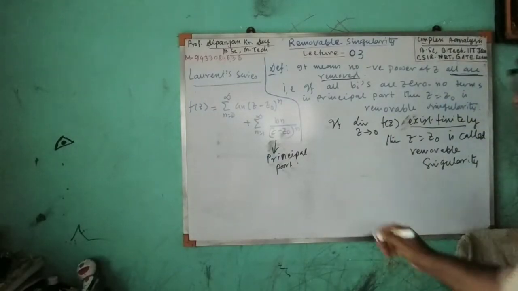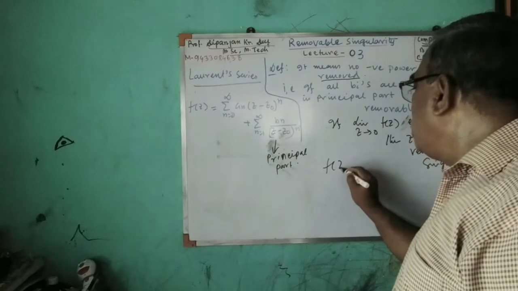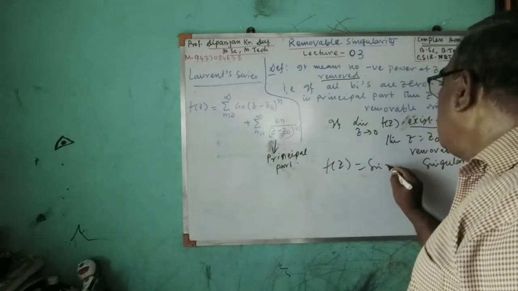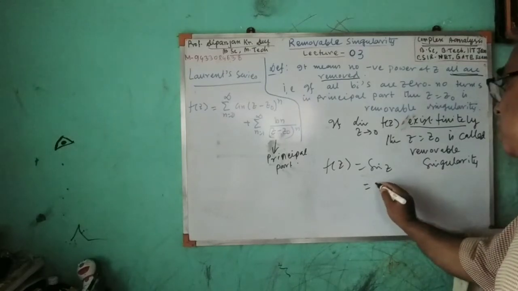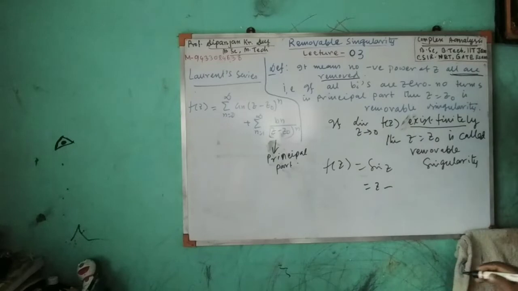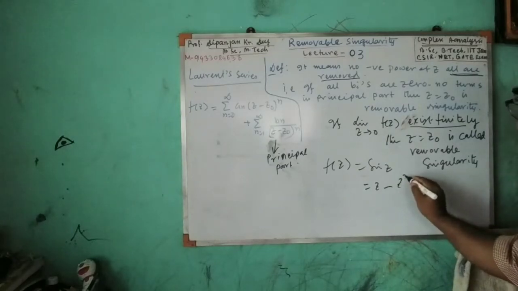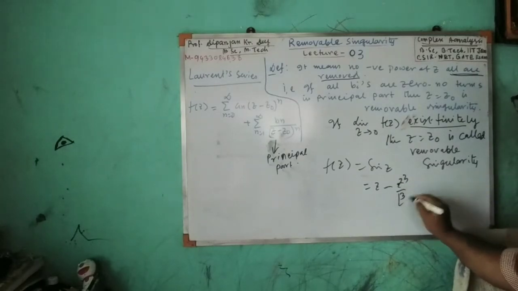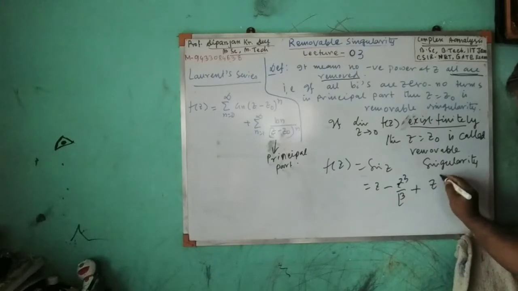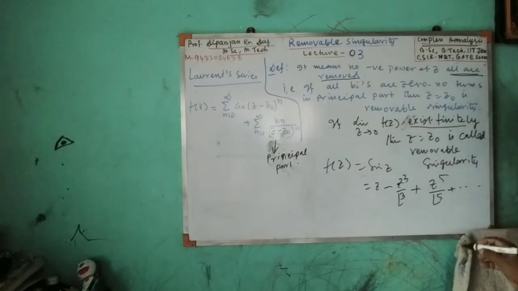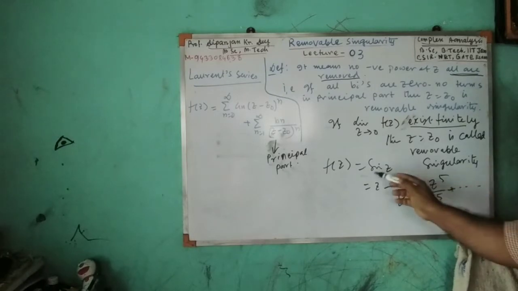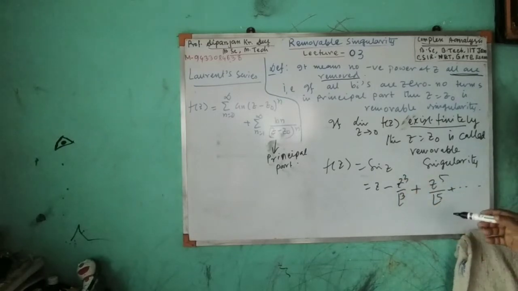For example, take f(z) equal to sin z. If we expand sin z, what do we get? The expansion is z minus z cubed by factorial 3 plus z to the power 5 by factorial 5 plus so on. You see, in this expansion there is no negative power of z.